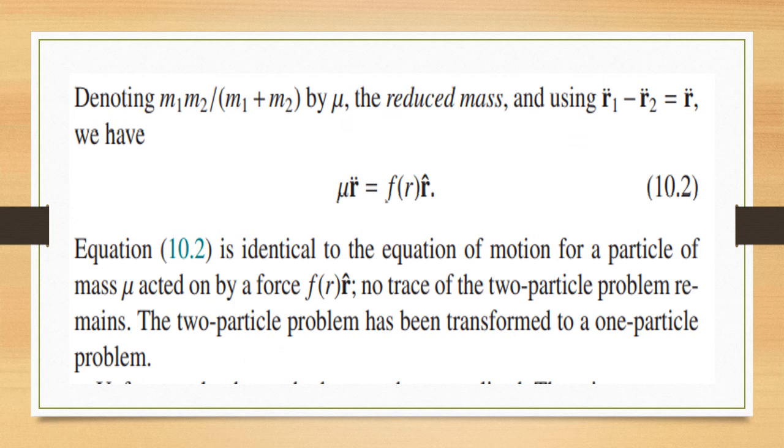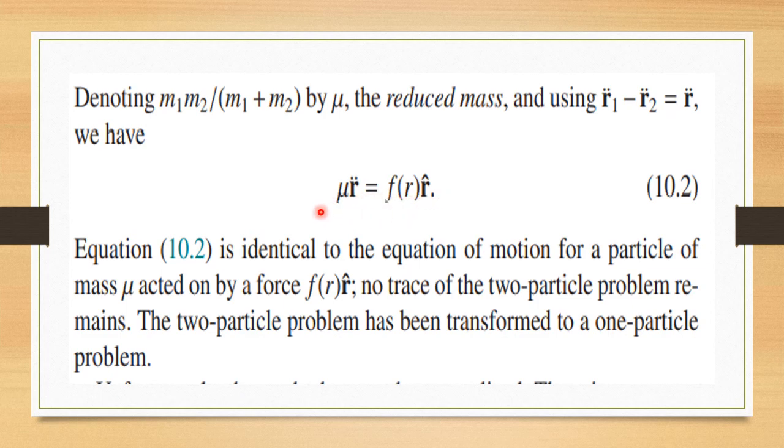By denoting m1 m2 by (m1 plus m2) as mu, which is called the reduced mass, and replacing r1 double dot minus r2 double dot by r double dot, we can rewrite the above equation as mu r double dot equal to f of r unit vector r.